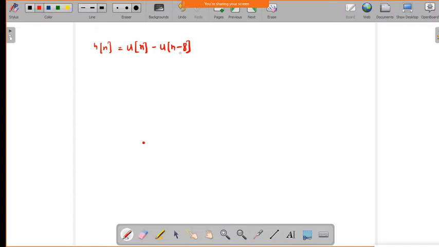Take this one as h of n, and your x of n will be equal to minus 1 power n, into u of minus n minus u of minus n minus 8.